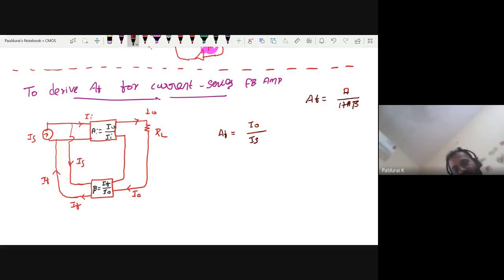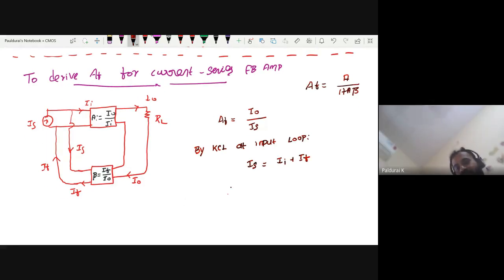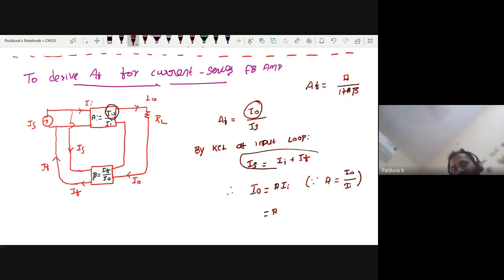Now by KCL at the input loop, I S, my applied current, is divided through I I plus I F. I out equals A times I I, since my A equals I out by I I. So what is I I?